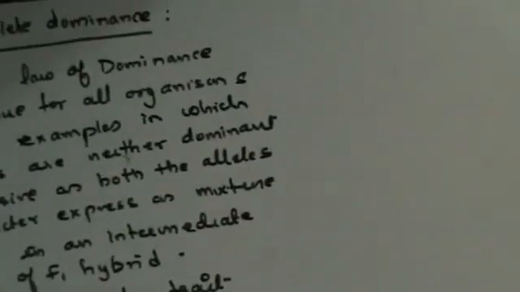Now if I do selfing of the F1 generation, let's see this selfing with the help of a checkerboard. Male and female gametes are R and r.